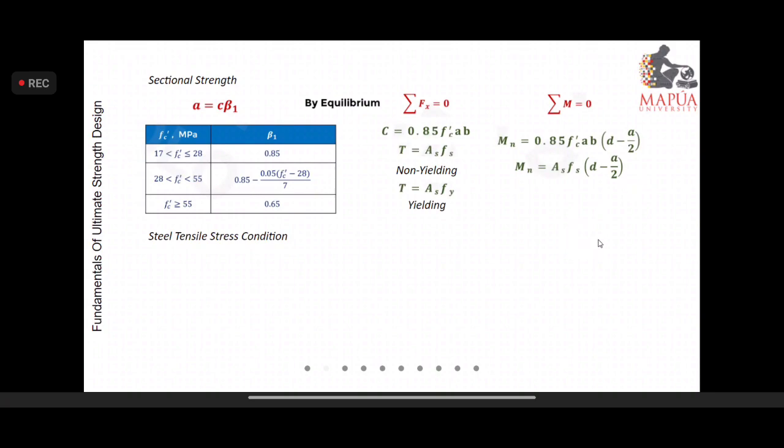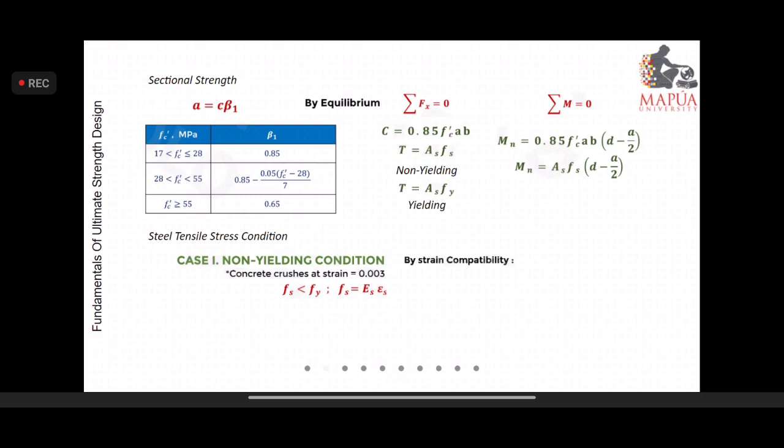For the steel tensile stress condition, we have case 1, the non-yielding condition. Concrete crushes at strain 0.003, and then the stress of the steel will be less than the yield stress. Then Fs is equal to Es times epsilon s by strain compatibility. So we have this strain diagram. You know this already.